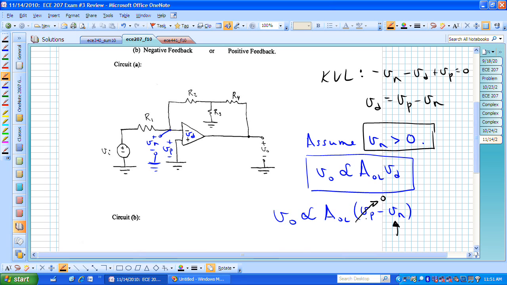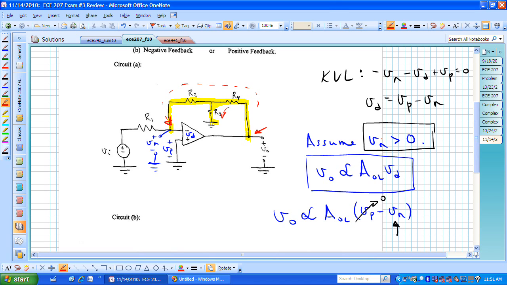We now have V naught is a negative number, and this V naught is actually being fed back by this combination of circuitry back to that particular point, because this interconnected structure of resistors will allow some of this output voltage V naught to be fed back to V sub n through this set of interconnected resistors.